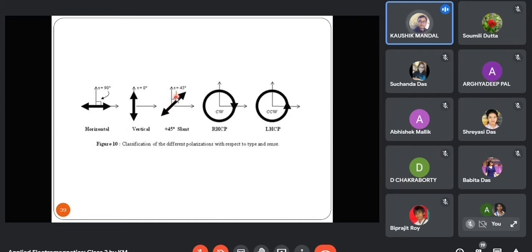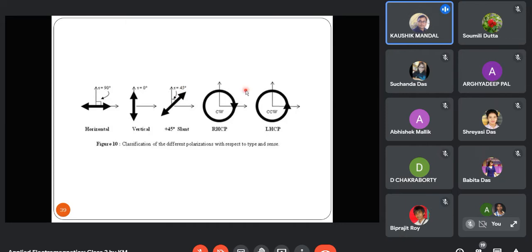In my previous representation, I represented this angle as the tilt angle, but here they have represented this particular angle as the tilt angle. There is no problem, the same thing. So this is the case of horizontal polarization, vertical polarization, and the 45-degree slant polarization. All these three cases are cases of linear polarization.